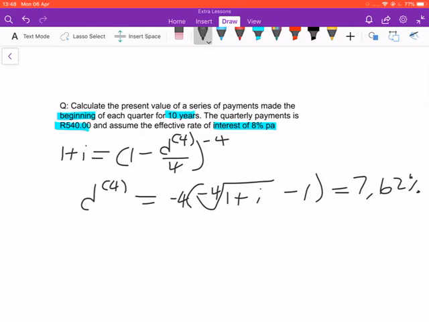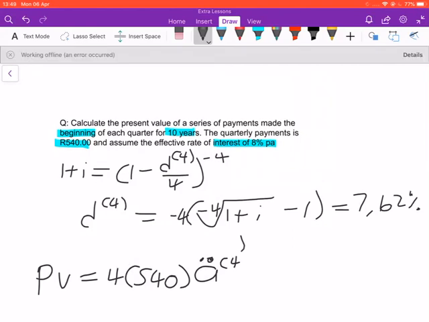So how do you calculate the present value? Remember there are 4 quarterly payments. You will have 4 times 540, and it is a present value made in advance, which you show with the 2 dots, pthly, that is quarterly, for a period of how long?